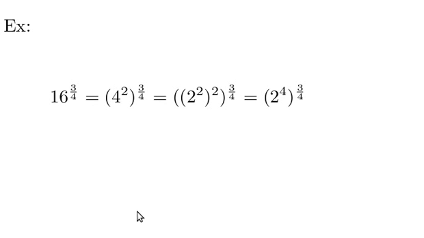So we'll get 2 to the power of, and 4 times 3 is 12, so it's going to be 12 over 4. Now what's 12 over 4? Okay, let's go on to a new line, and 12 over 4 is 3, so this whole thing is equal to 2 to the power of 3. Well, 2 to the power of 3 is just 8. So that means our final answer in this case is 8.